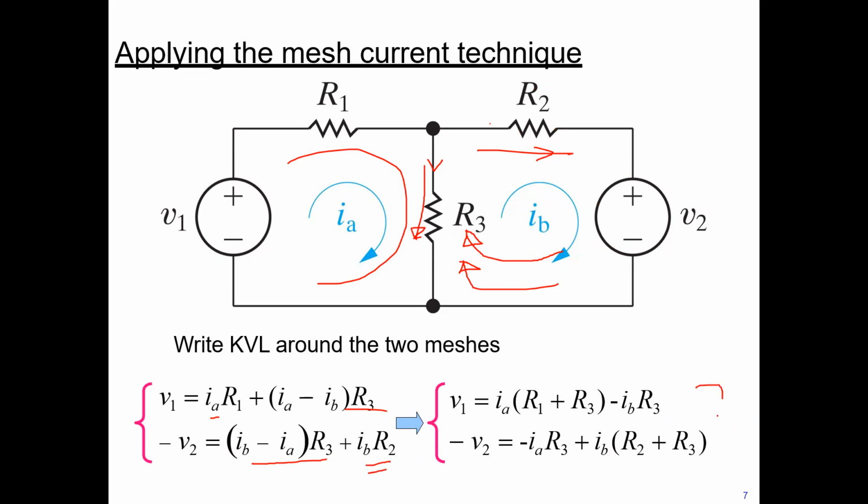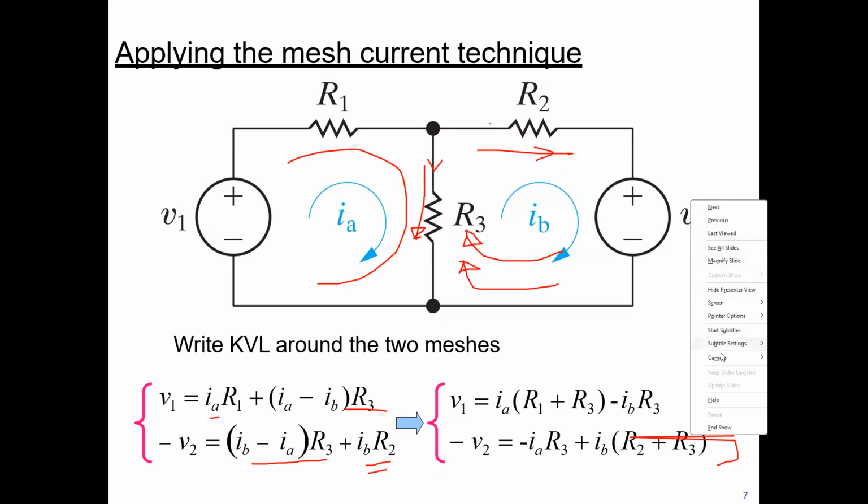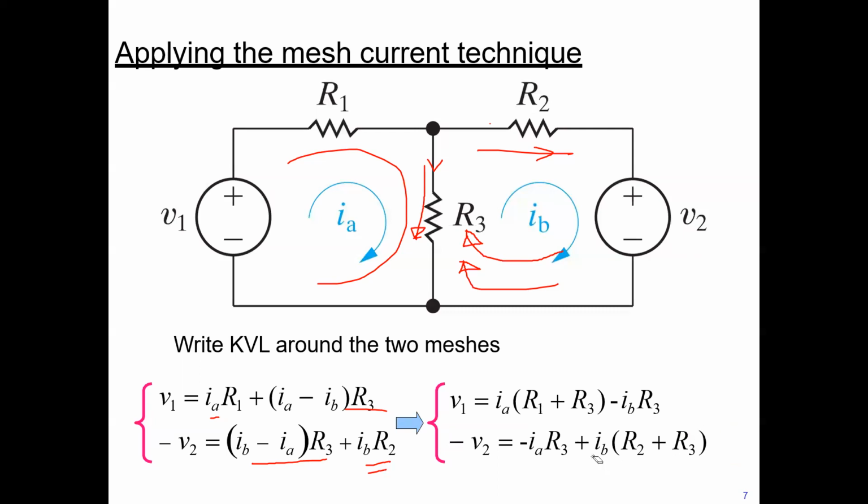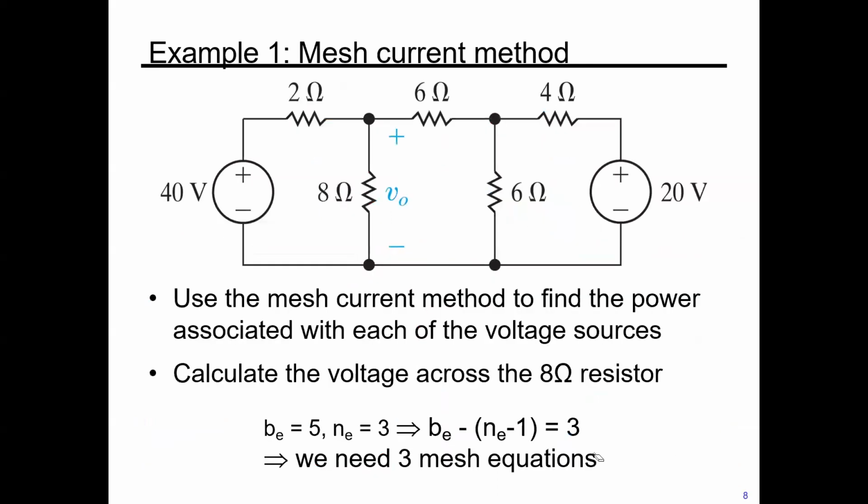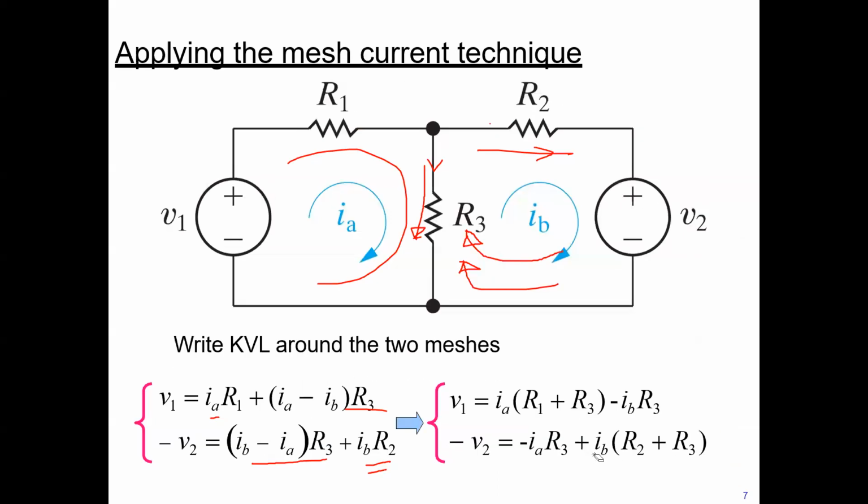So this is the mesh current method. From that we can just solve the simultaneous equations and recalculate everything.